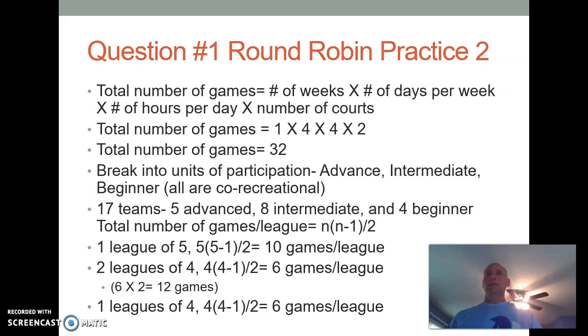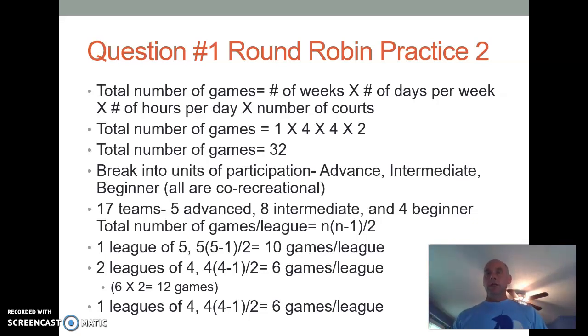The number of weeks, which was 1, the number of days per week, which was 4, the number of hours per day, which was 4, and the number of courts or fields in this case. So that gives us an idea how many total games we can have, the maximum number of games. And we just multiply all those, right?